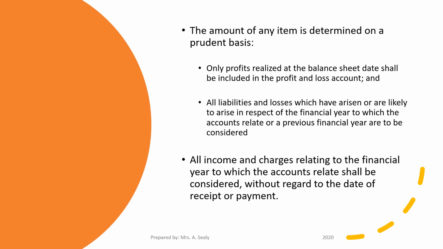So any amount on any item on these financial statements is usually determined on a prudent basis, and we are also familiar with the prudence concept or principle, and we will look at the fact that only profits realized at the balance sheet date will be included in the profit and loss account, and all liabilities and losses which have arisen or are likely to arise in respect of the financial year to which the accounts relate or previous financial years are to be considered.